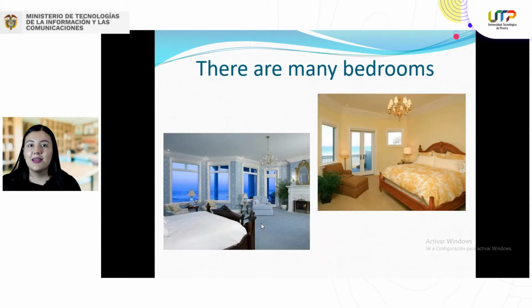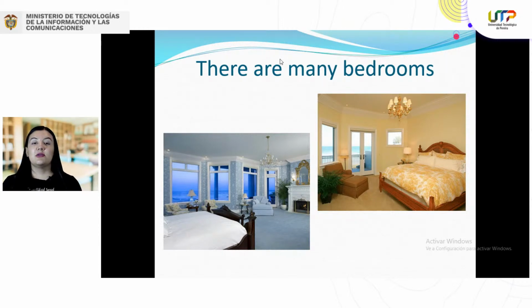En esta casa, ¿qué más hay? There are many bedrooms. Y quiero que estemos atentos a la palabra many. Como les decía al inicio, podemos usar también algo que se llama quantifiers. Es decir, no decimos exactamente el número, sino podemos decir algunos, muchos o un poco de algo.